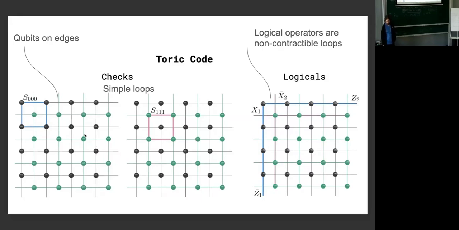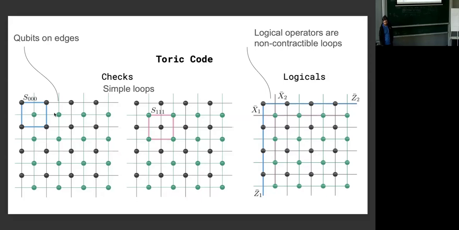Each vertex and each face we can associate with a small contractible loop, a plaquette, the blue and red squares. Then, because we are on a torus, there are two more loops on each of the primal and dual lattices, which we associate with logical operators. And basically this is our code.